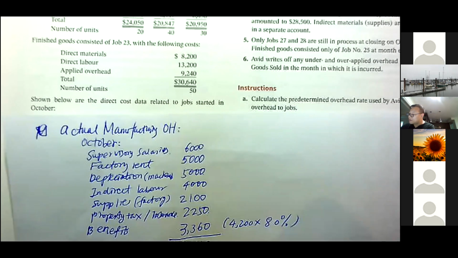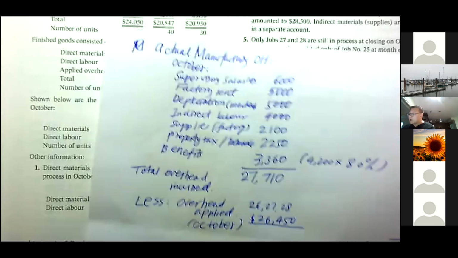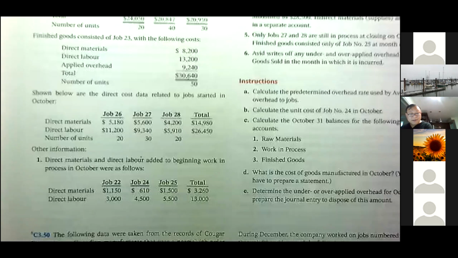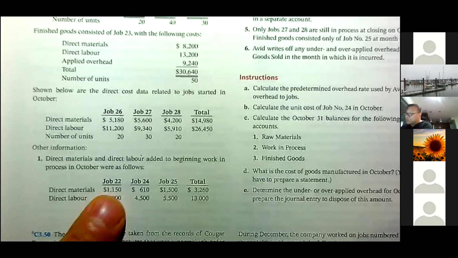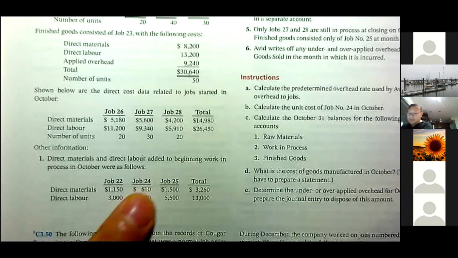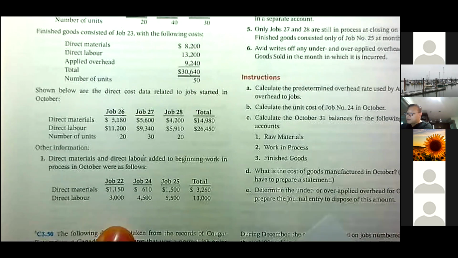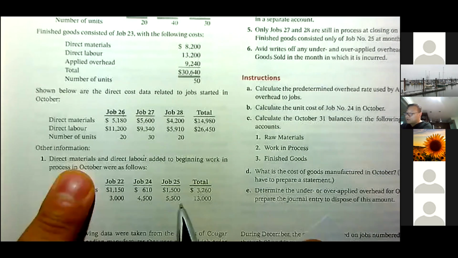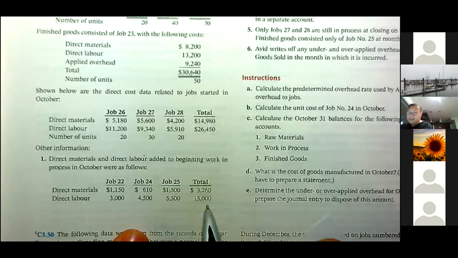But I also have other jobs, right? For 22, 24, 25, the total direct labor in October is 13,000.